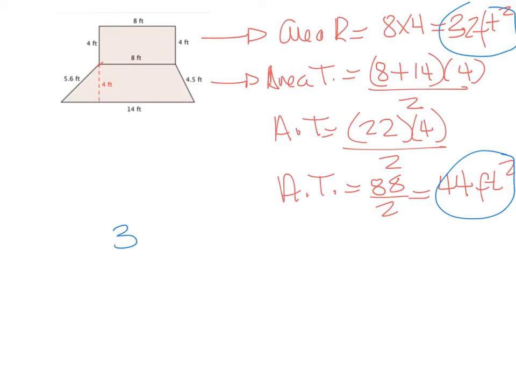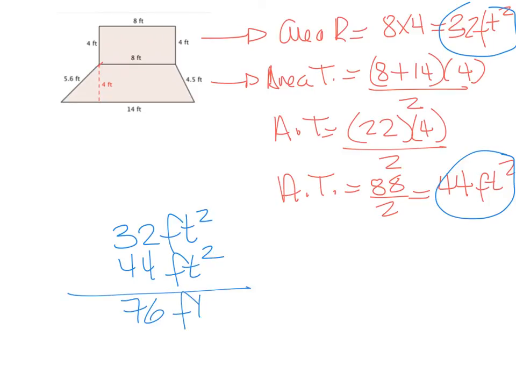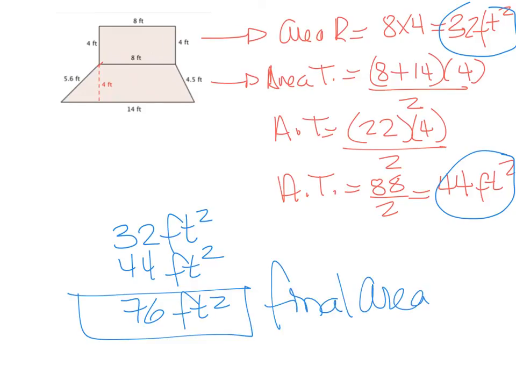It's 32 feet square plus 44 feet square. It gives us 76 feet square. That's the final area. So as you can see, you only need to add areas, and in the case of other figures, you just have to determine whether you have to subtract or add. So remember your formulas.